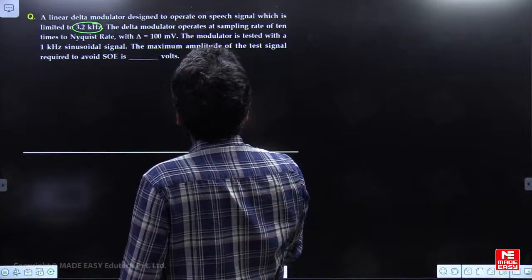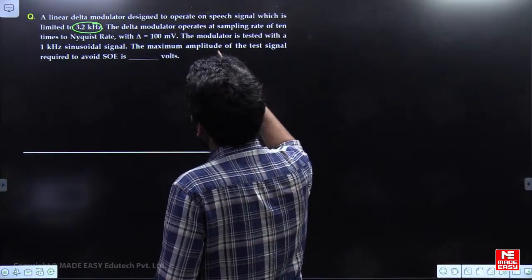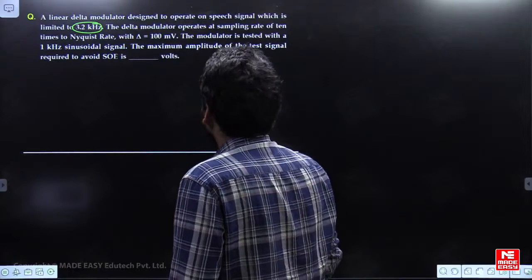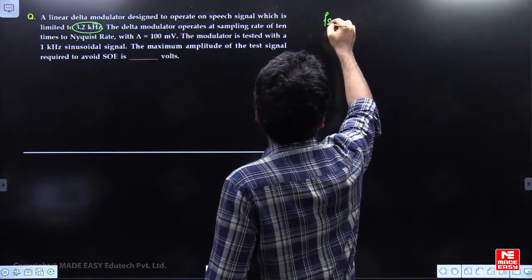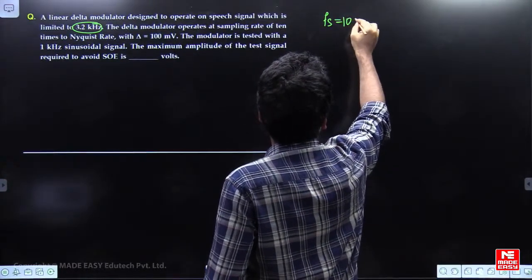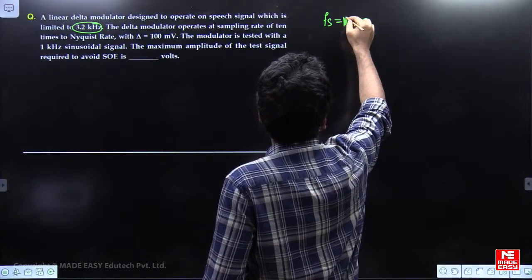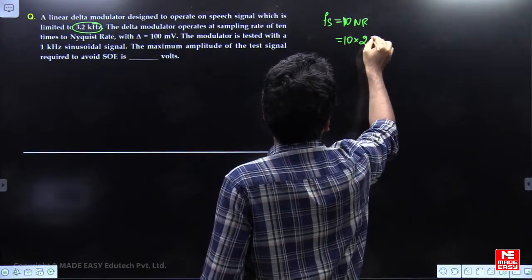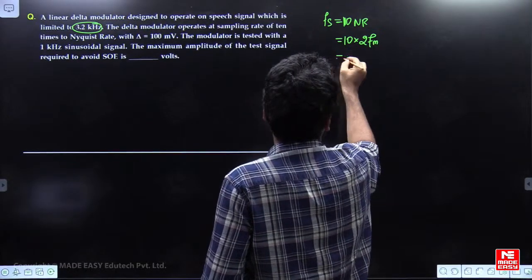The delta modulator operates at a sampling rate of 10 times the Nyquist rate. Yes, Nyquist rate I can write as 2 fm.